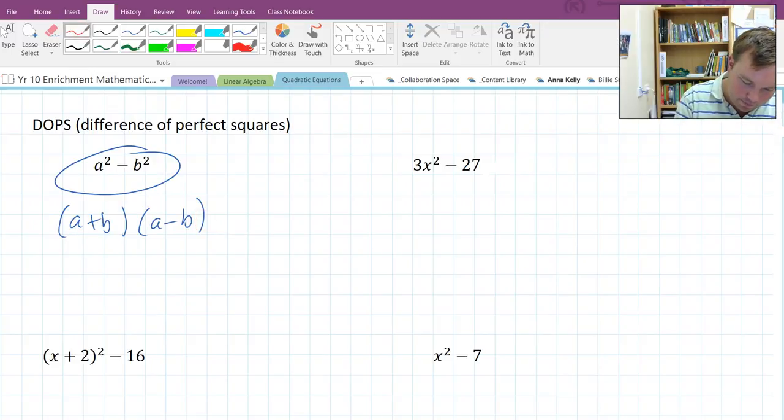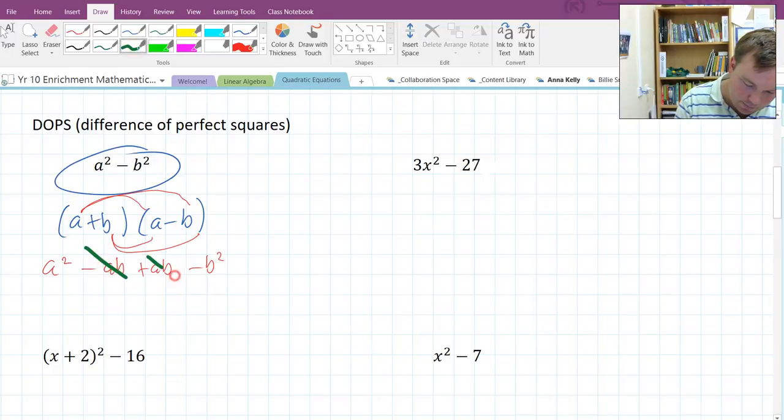So FOIL: firsts, a times a is a squared, outers minus ab, inners plus ab, lasts minus b squared. These two terms are like and they cancel, leaving us with a squared take b squared. So we can factorise a squared take b squared with a plus b, a take b.